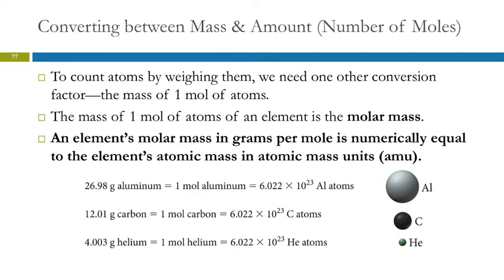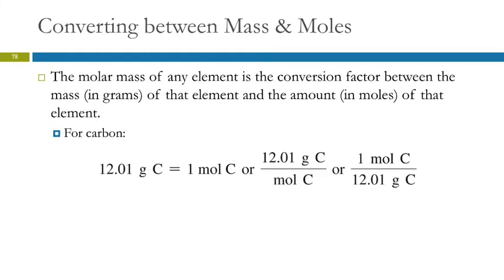Let's do a couple of examples, and maybe it'll be a little clearer. So that molar mass, the mass of a mole, is our conversion factor. For carbon, 12.01 grams is the mass of 1 mole. So we can say that's 12.01 grams of carbon per mole of carbon. And if a question asks you, what's the molar mass of this, you would usually express it with units of grams per mole. It's a vertical fraction, though. It's grams divided by moles.